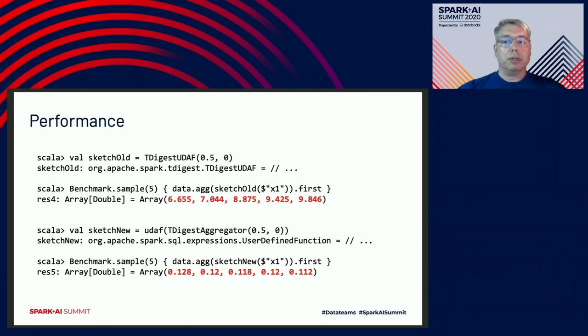So what has this new interface actually bought us in terms of performance? This is a short example from Spark Shell, where on the top I do an aggregation using the old user-defined aggregation function style, and then I follow it up with exactly the same aggregation using the new style. And in the bold, you can see the resulting timings.